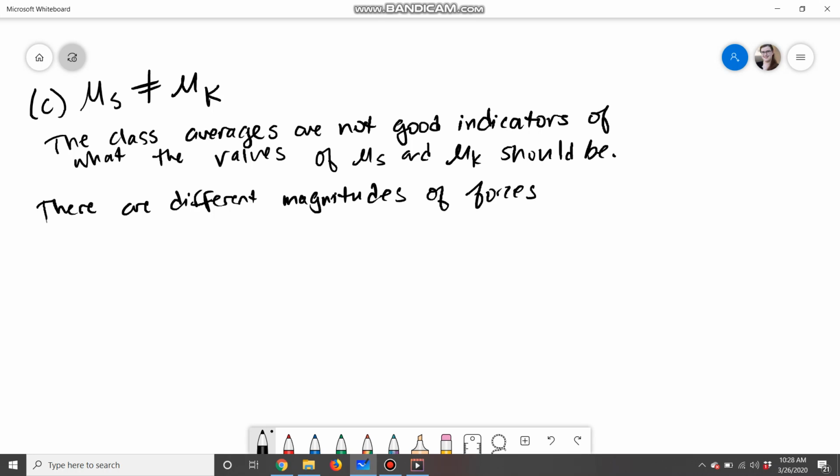Because the forces are not balanced, that's going to give me a different value for mu. So there are different magnitudes of forces.